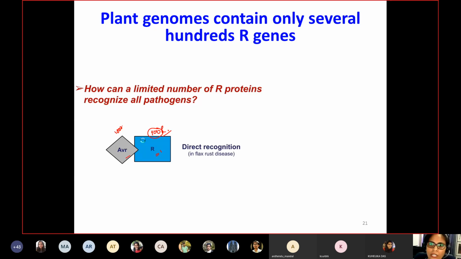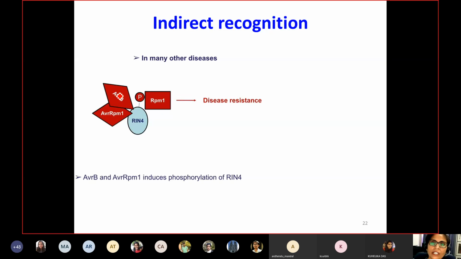It turns out that several AVR genes or proteins are able to create different binding patterns. In this case, RIN4 is one such protein. Binding by AVRB and AVRPM creates another binding pattern. How?